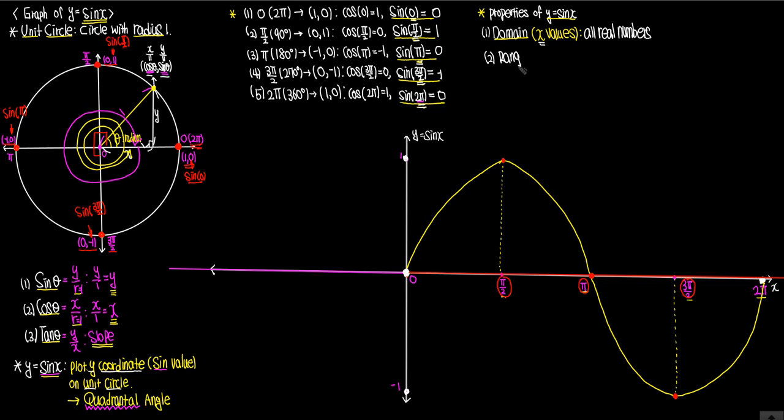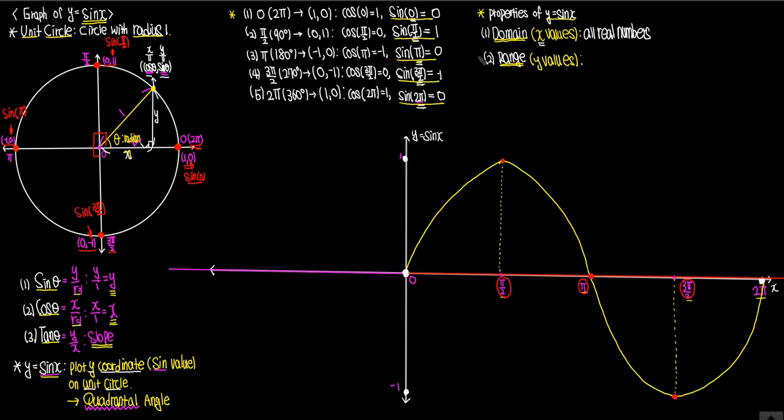And the second thing to talk about is the range. If the domain was the set of all possible x values, then the range is the set of all possible y values. So when you're thinking of the range of the sine graph, it is the same as saying the y values in the graph. The domain for the x value is all real numbers as the angle rotation.